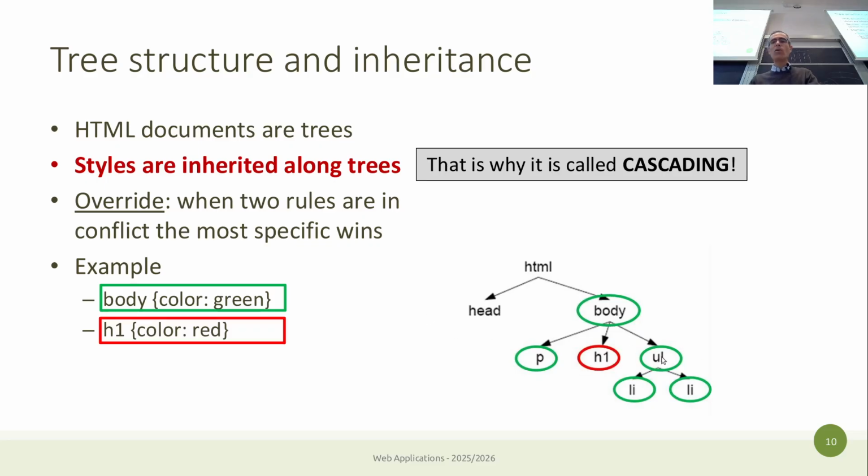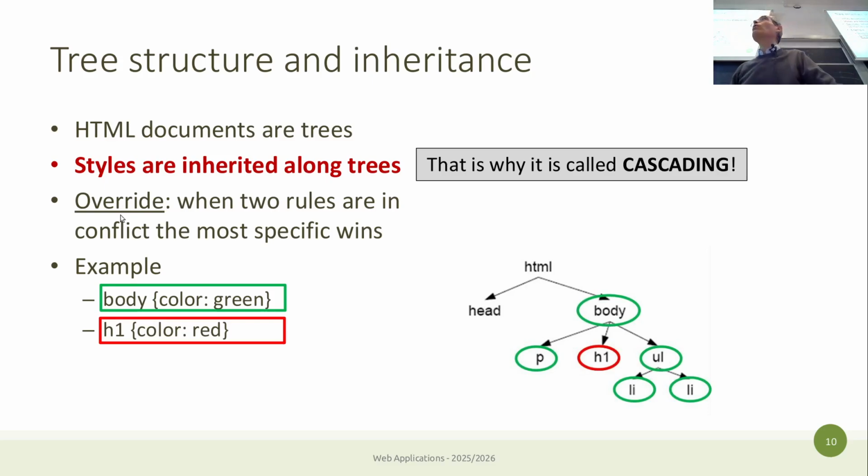Or we have UL, the list, everything is green in the list. Fine. That's why it's called cascading, because the rules cascade down until the leaves of the tree. And there are different styles that have the same approach. I mean, you can have rules in different places.